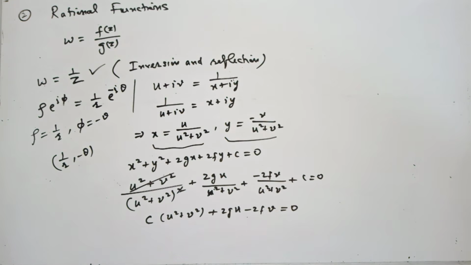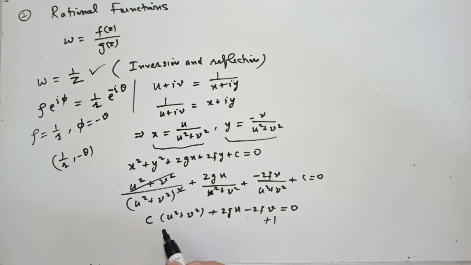Check this calculation again if I'm missing something. I think it's okay. The one is missing. This part one I have to write. Okay. Now, what is it in UV plane?